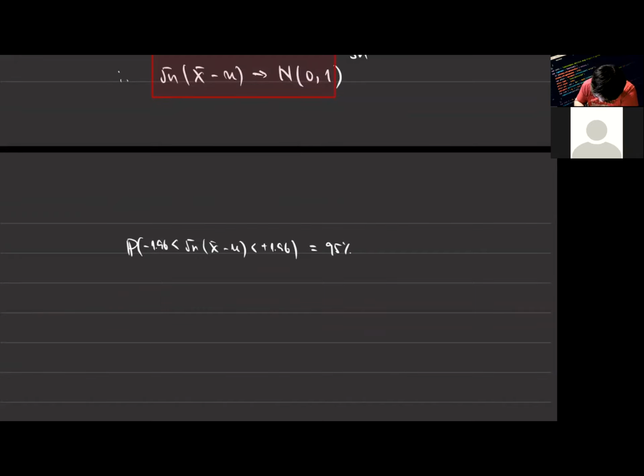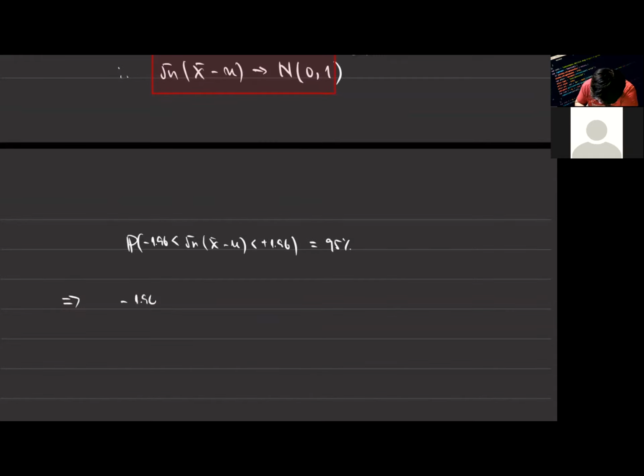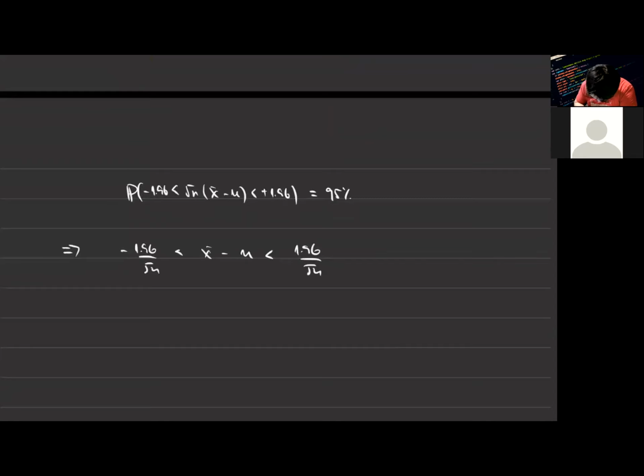This is exactly 1.96. You want to divide it by square root of n. Here you have 1.96 divided by square root of n, and then you have x bar minus mu. Now I'm going to move this mu here. So we're going to have something like this.